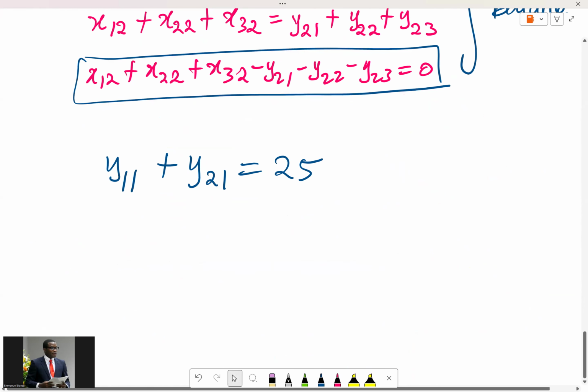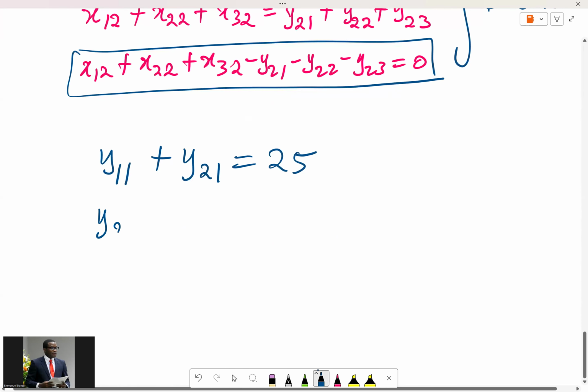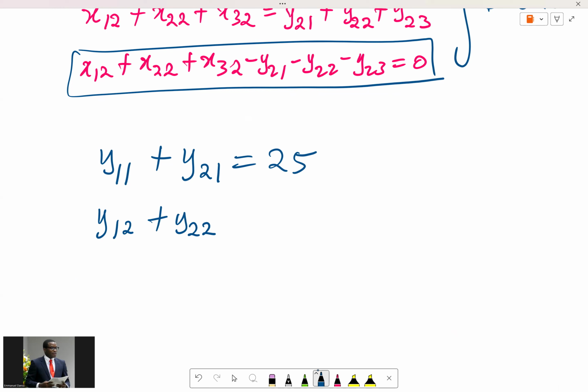In the same way, y12 plus y22. Whatever flows from transshipment node 1 and whatever flows from transshipment node 2 into the second demand node cannot exceed 25.